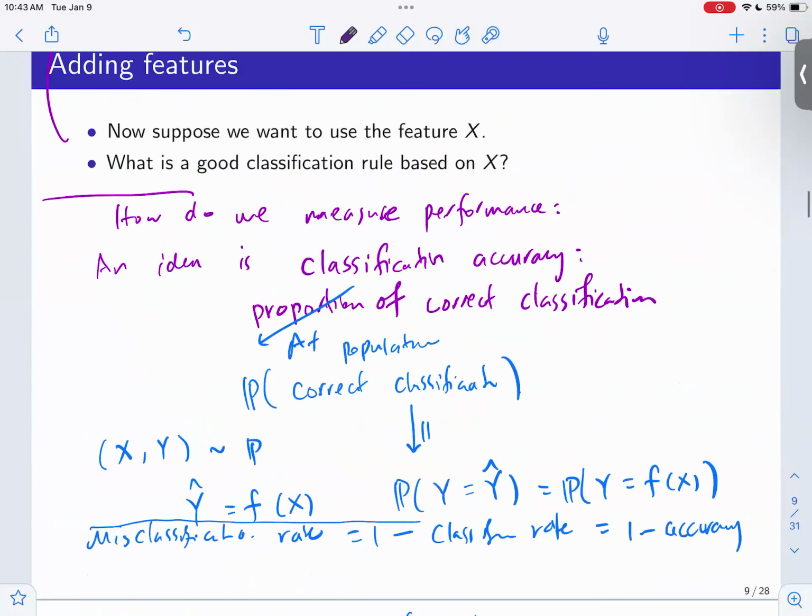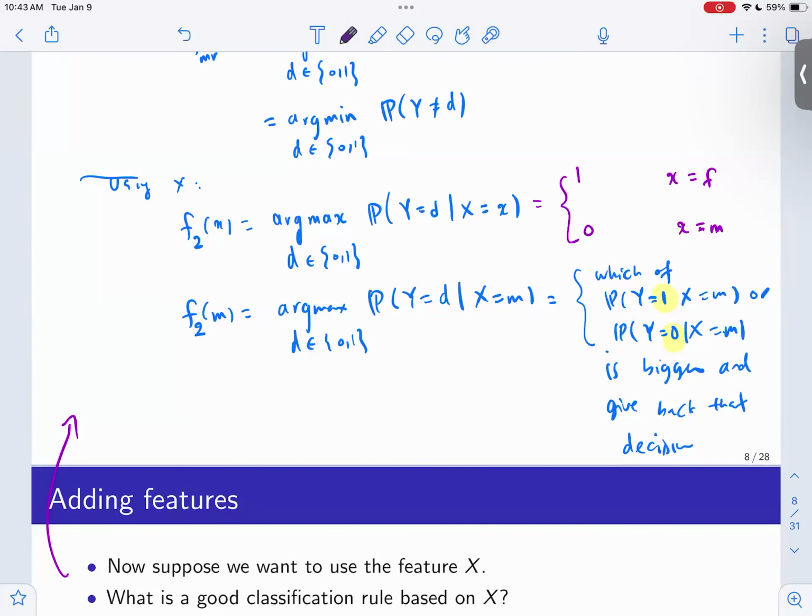The one that maximizes this is equivalent to minimizing the probability that y is not equal to d, because these are complements of each other. If you maximize this, you're minimizing 1 minus that. So that little argument just shows that this is the optimal classifier.